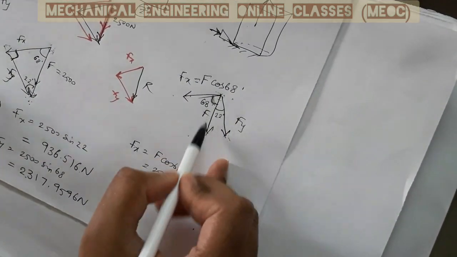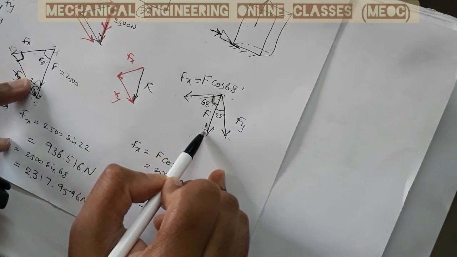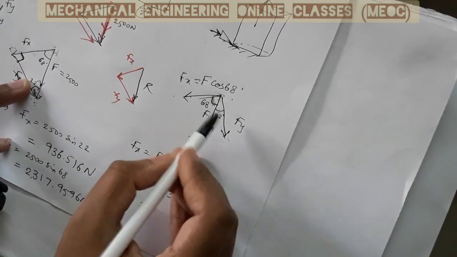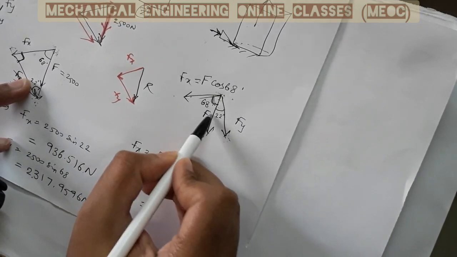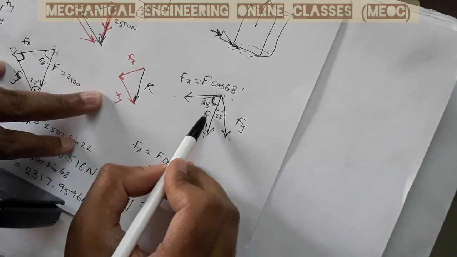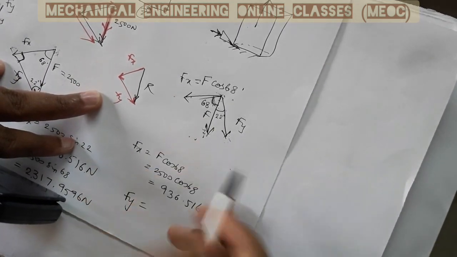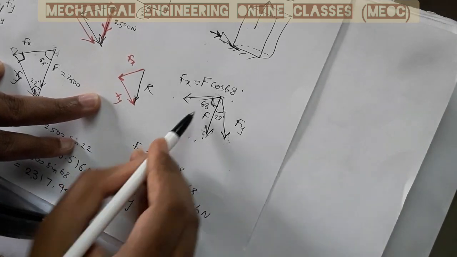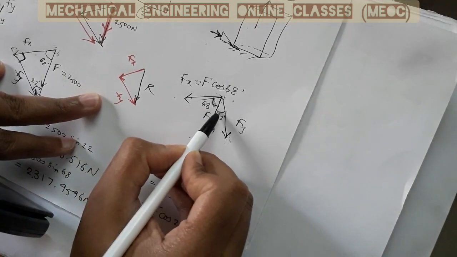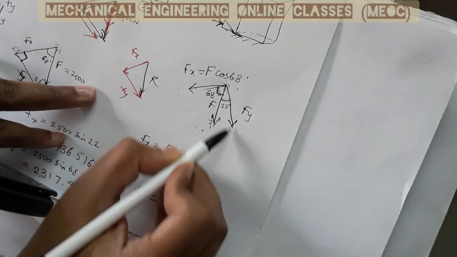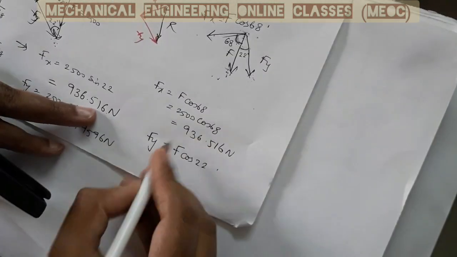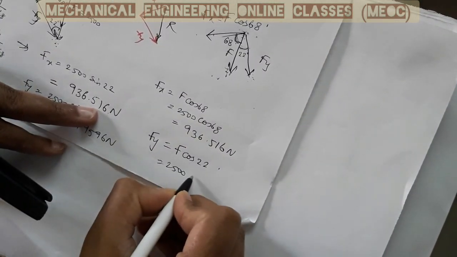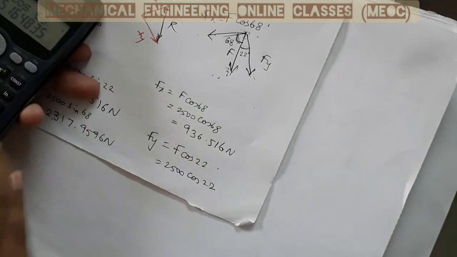So this is the resultant, this is the hypotenuse, this is its adjacent side, and the angle between F and Fy is known to us. So what is the component of F along y, which is Fy? It is F cos 22. This angle is 22, so because it is the adjacent side, it is a cos. So this is again nothing but 2500 cos 22.